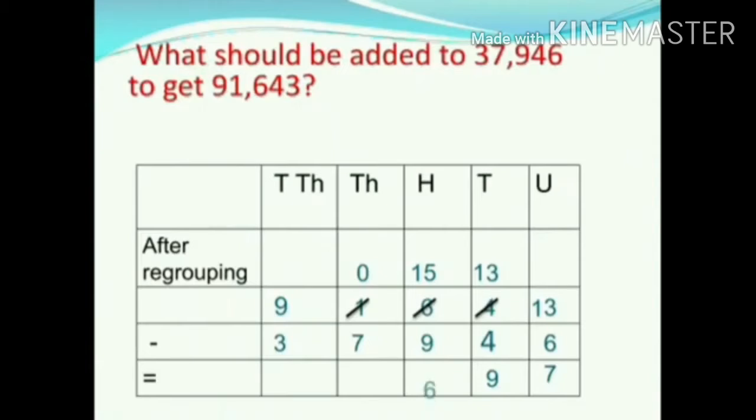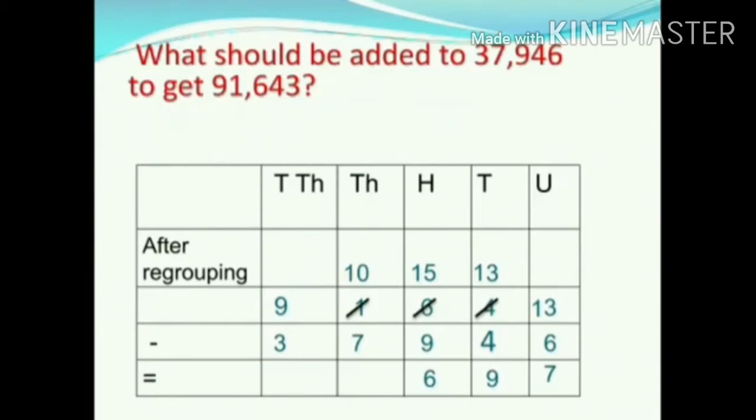Now subtract thousands place digits, they are 0 and 7. 0 is less than 7. 7 cannot be subtracted from 0. Hence borrow 1 ten-thousand from ten-thousands place. 1 ten-thousand equals 10 thousands. Thousands place can be written as 10 thousands plus 0 thousands equals 10 thousands.